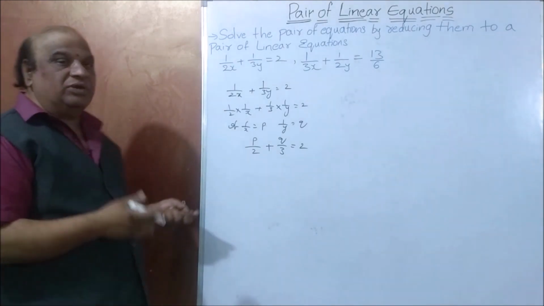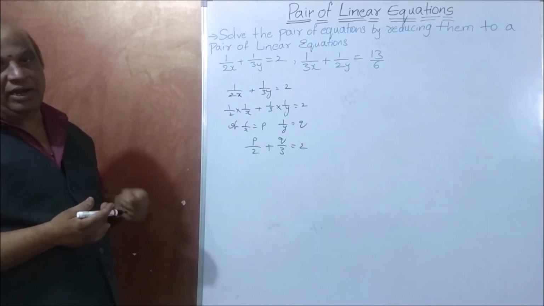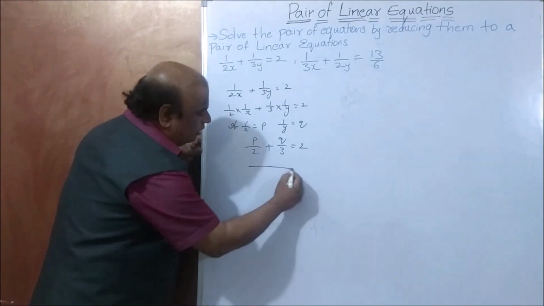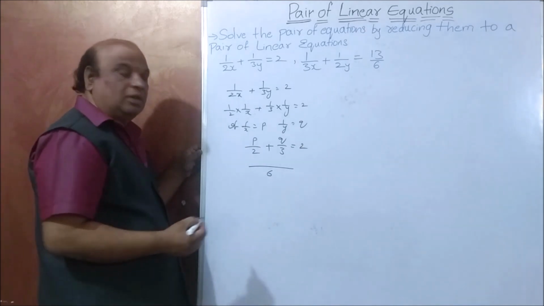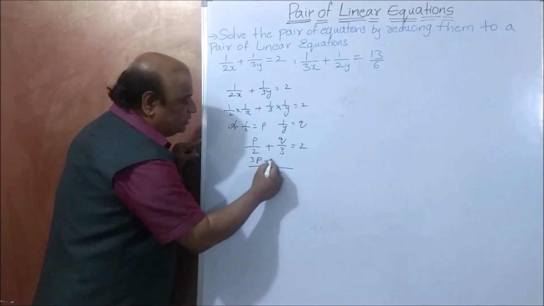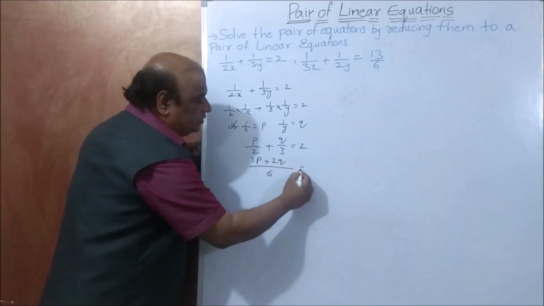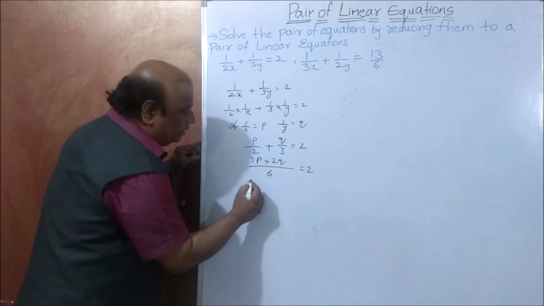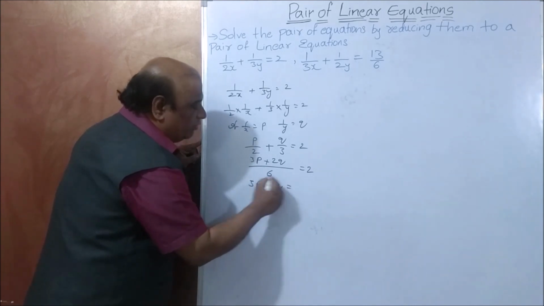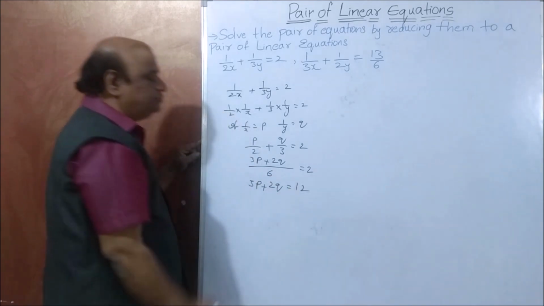But it is not yet in the form of linear equations. Now you take the LCM 6. Now this is 3p plus 2q is equal to 12.